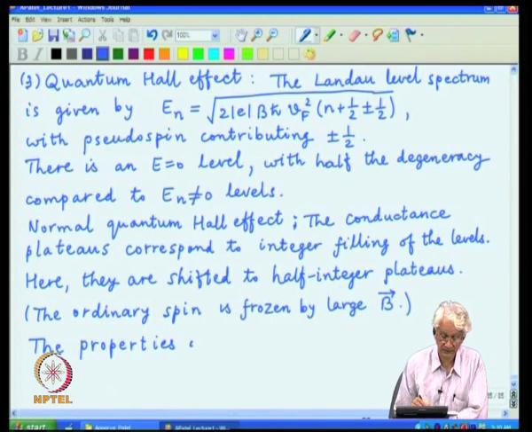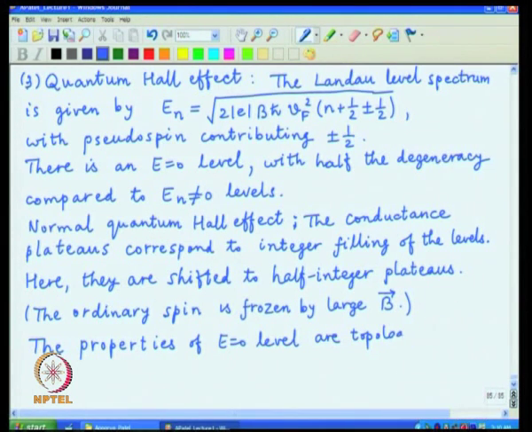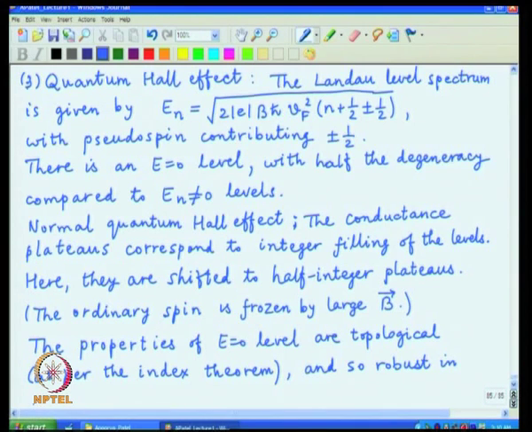So, the properties of this E equal to 0 level are topological, and this nature makes them very easy to see, because not easy to perturb them by external disturbances.